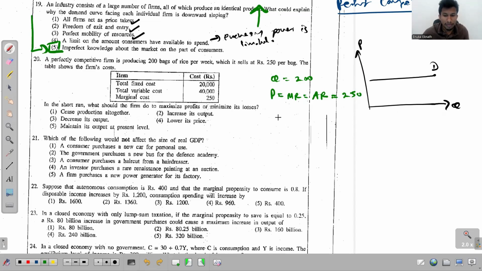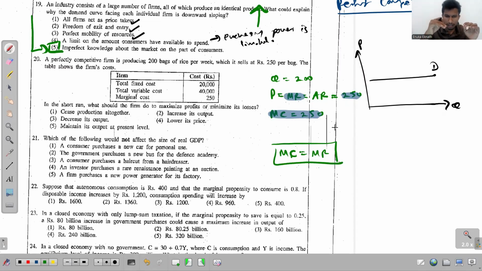So as per the given information, the marginal cost is rupees 250. And we earlier recognized that the marginal revenue of the firm is also 250, which means the marginal cost has become equal to the marginal revenue, and this is the optimum condition that gets satisfied in the equilibrium of a firm operating in the perfectly competitive market structure.